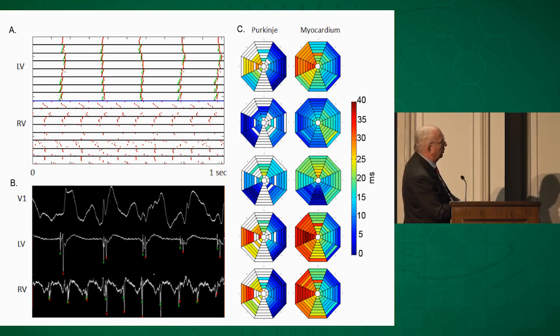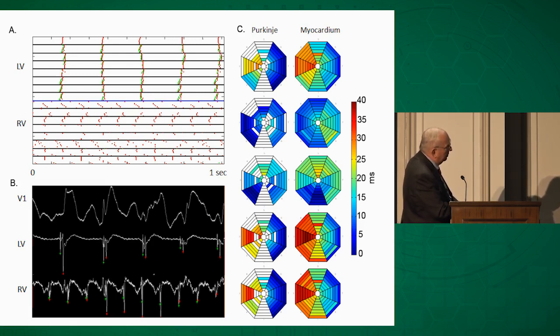Here's the first one. Where do we see earliest activation? In the Purkinje system, over here at the base, which then got into the working myocardium and then propagated around. So latest activation is on the opposite side of the heart from earliest. No indication of reentry at all. Here's the next cycle where the earliest activation was in the Purkinje, and then back into the working myocardium and late over here.